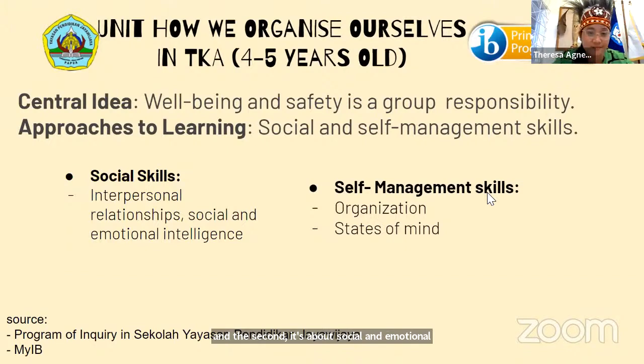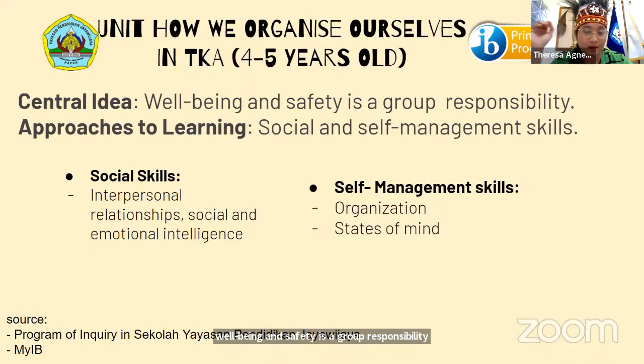The second is the unit How We Organize Ourselves in TKA for 4 until 5 years old students. This is the central idea: we planned and decided well-being and safety is a group responsibility.